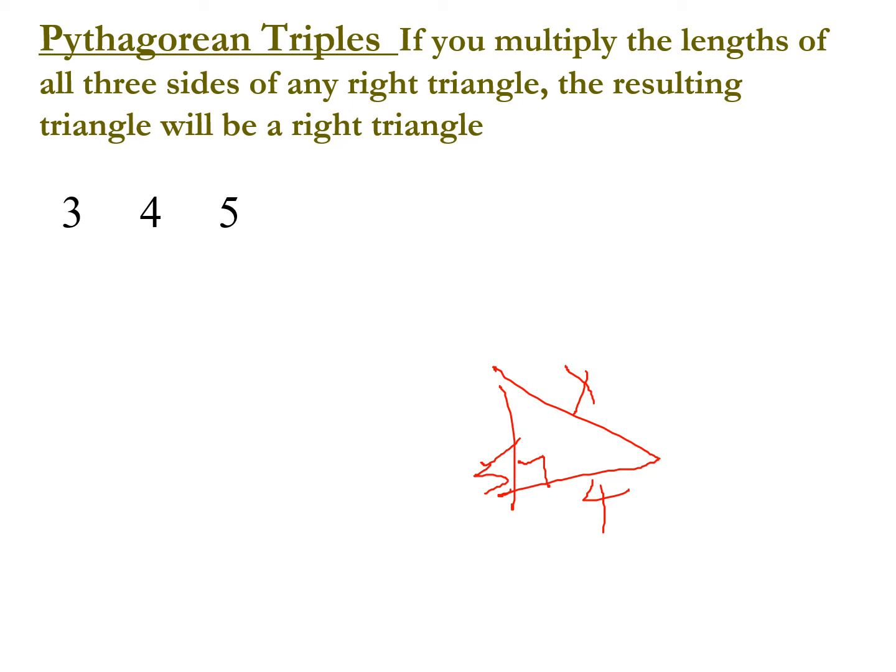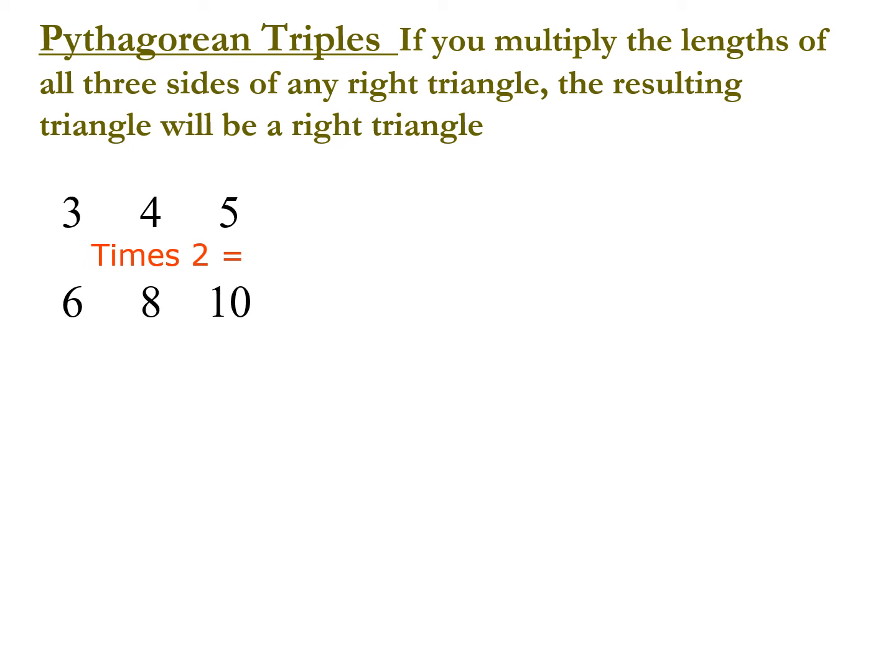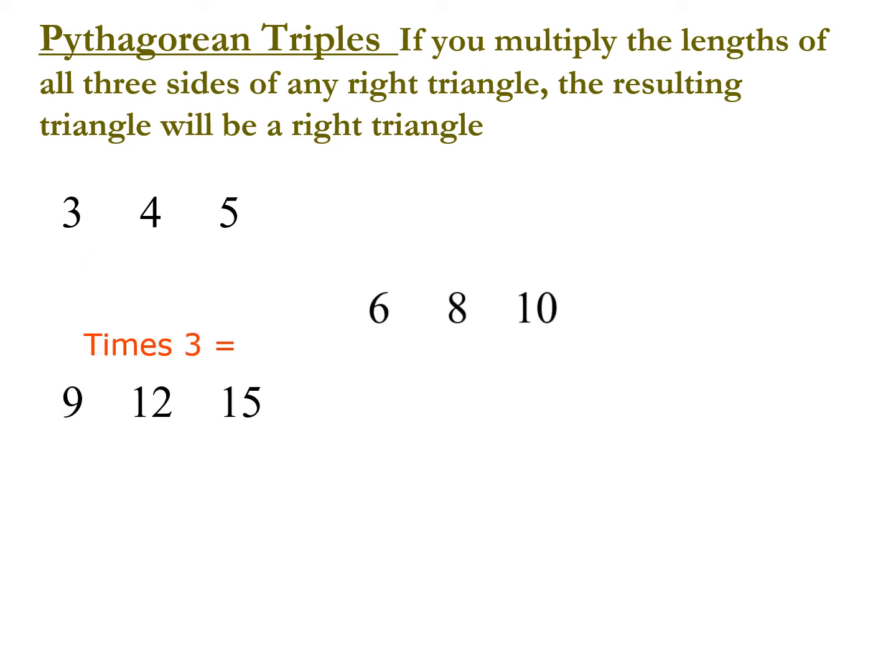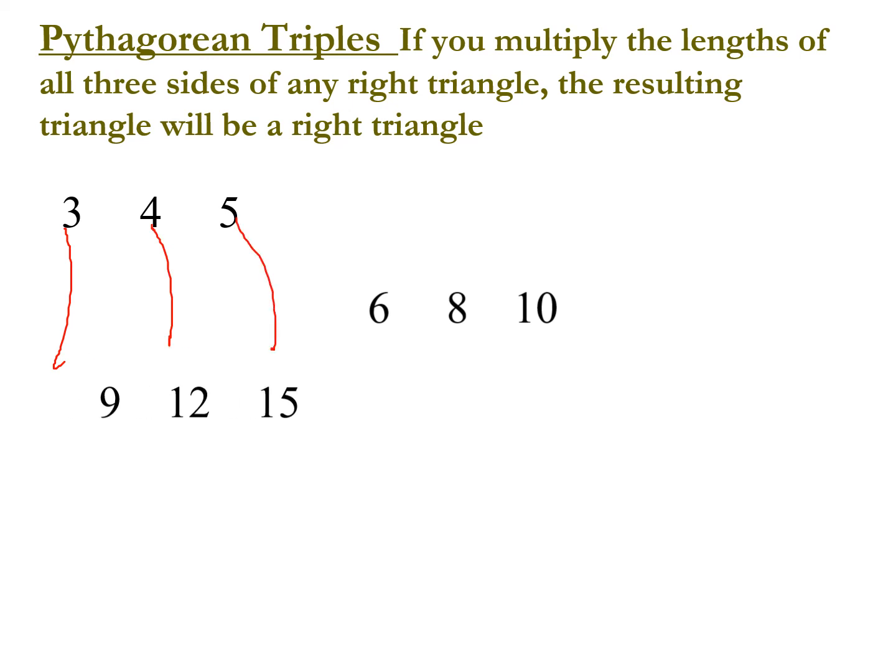All right, so you can do multiples of this. If you double all those numbers, times 2, then you get 6, 8, and 10. And we did that with the very first problem. But you could also go back to the original and triple it, 3 times bigger. 3 times 3, 4 times 3, 5 times 3. This will work out to a perfect triple, and you won't have any decimals.